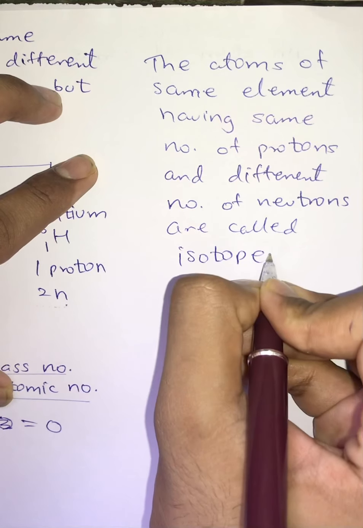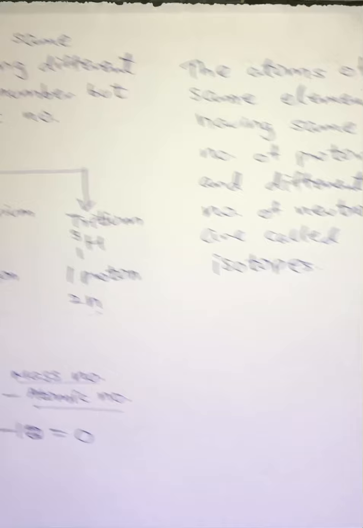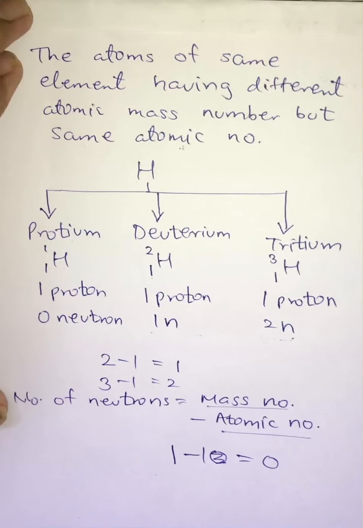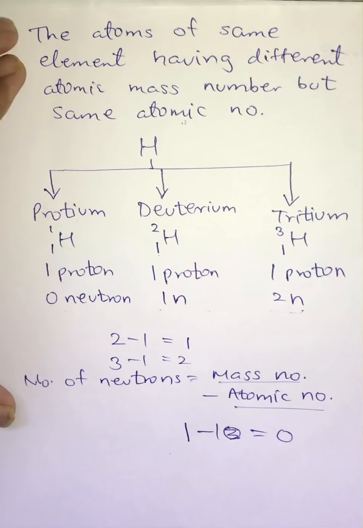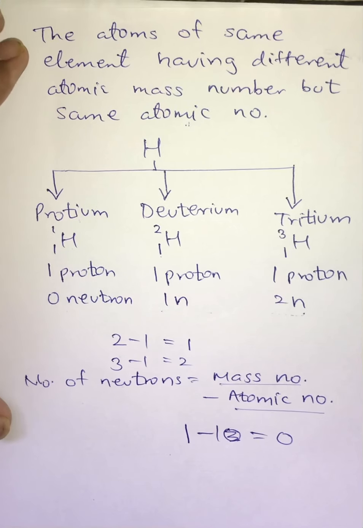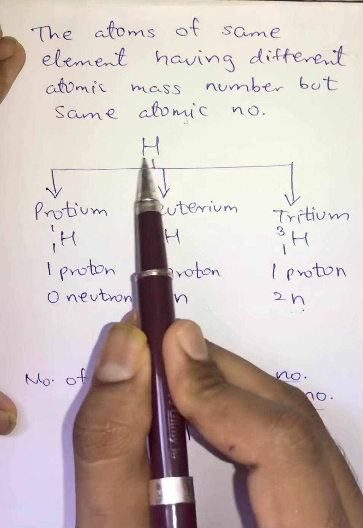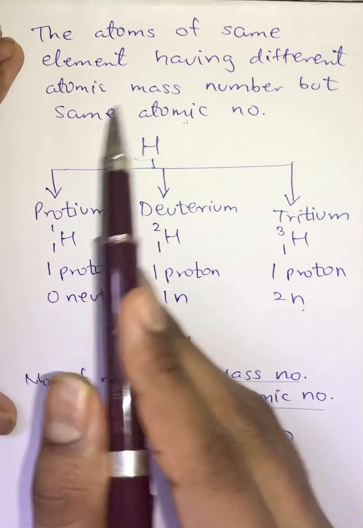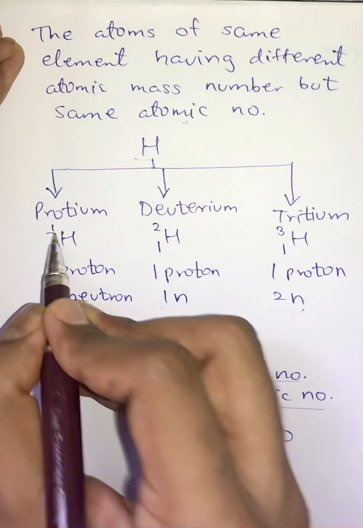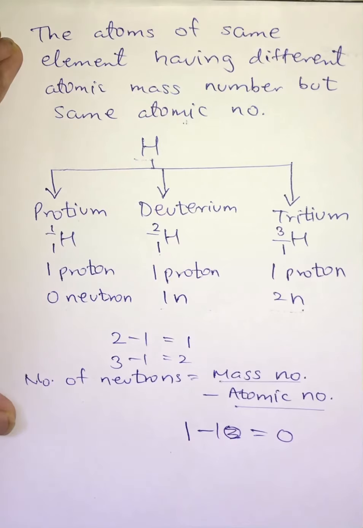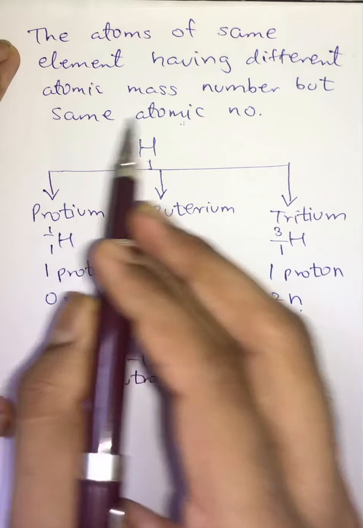So in the exam they might ask you a 1 mark MCQ. There will be two definitions, so don't get confused between them. The first definition is that the atoms of same element, hydrogen, having different atomic mass number but same atomic number.